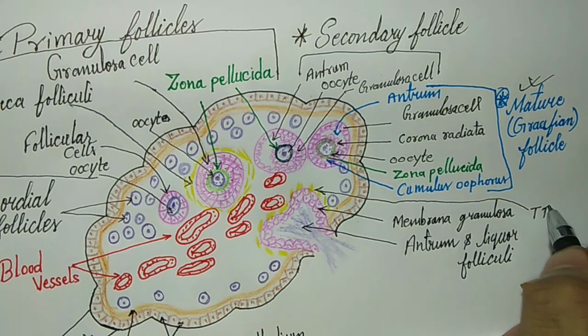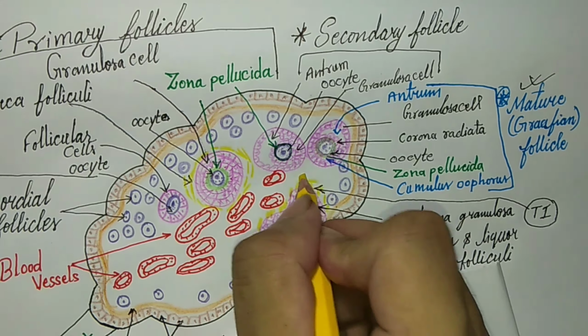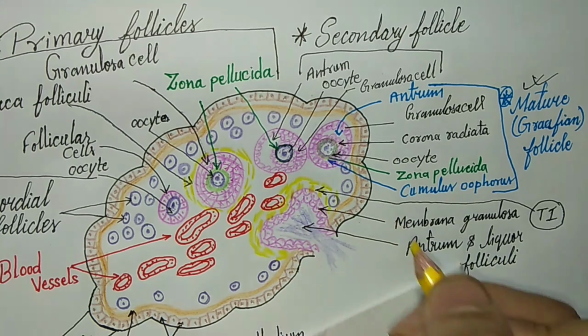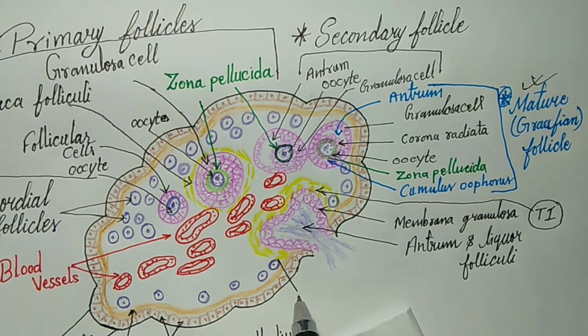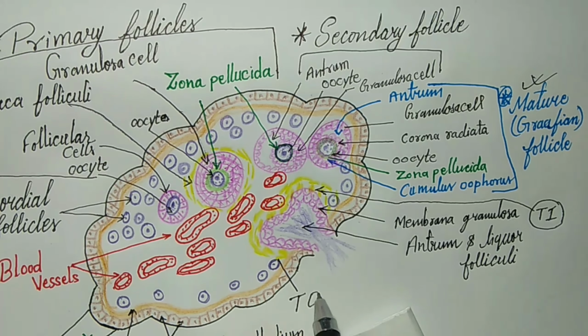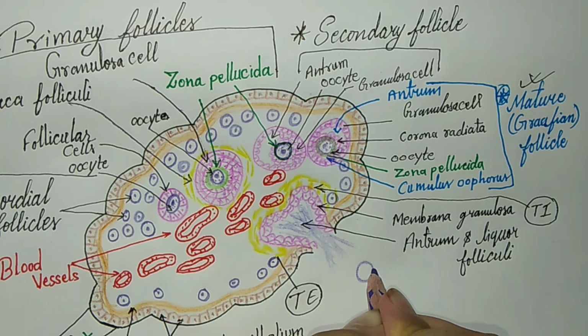Here this structure is called TI, that is theca interna, and TE, that is theca externa.